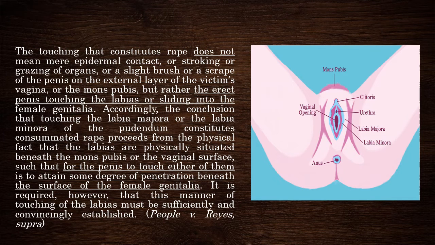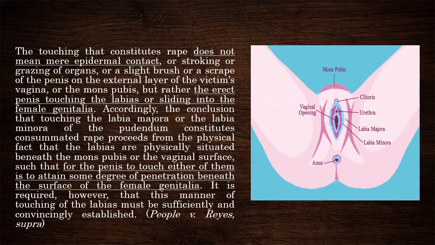In the same case of People versus Reyes, the Supreme Court clarified, however, that the touching that constitutes rape does not mean mere epidermal contact, or stroking or grazing of organs, or a slight brush or a scrape of the penis on the external layer of the victim's vagina or the mons pubis, but rather the erect penis touching the labias or sliding into the female genitalia.